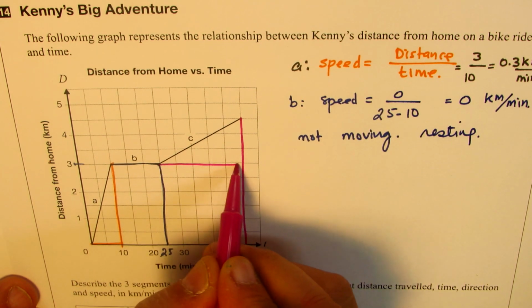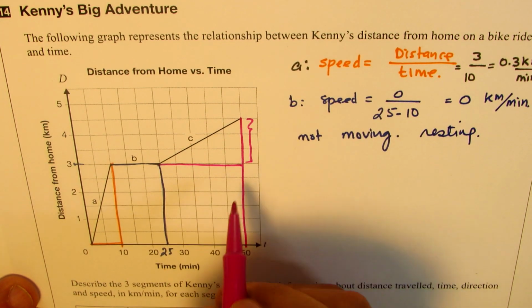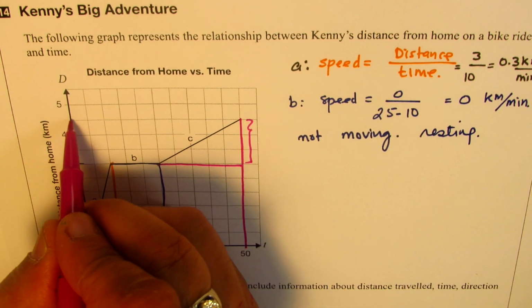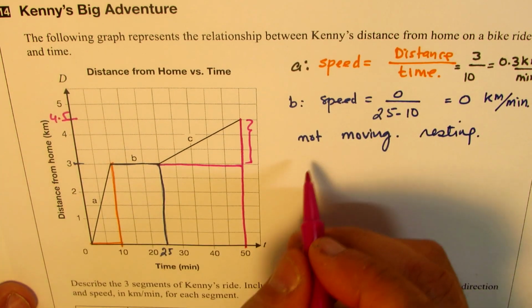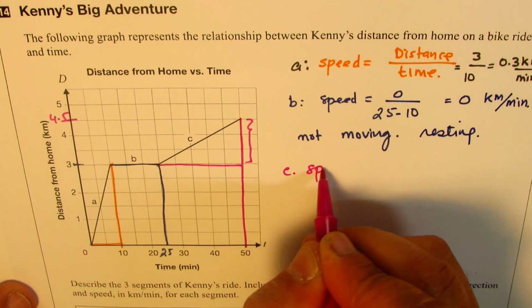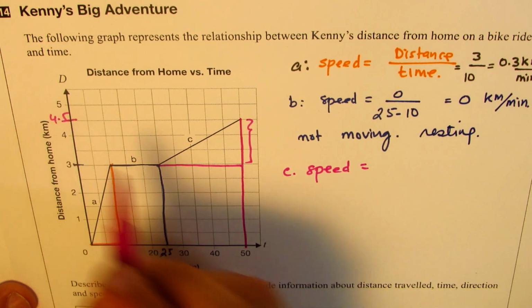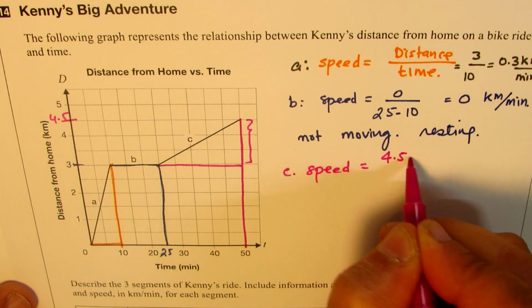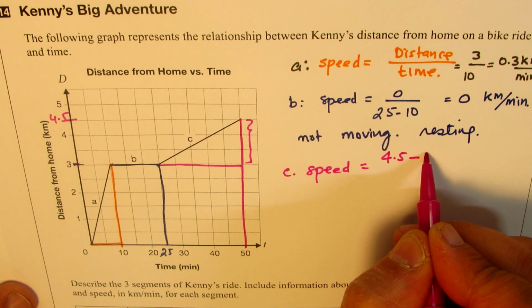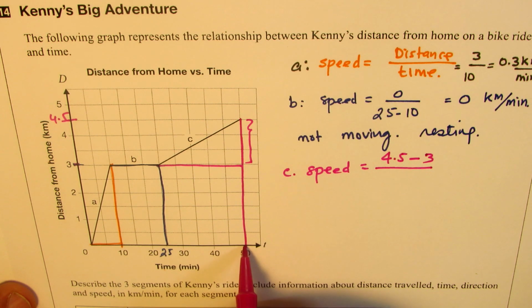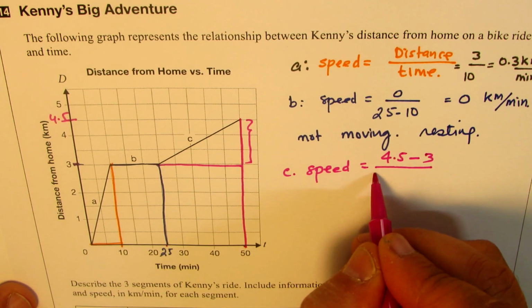Now here we can find the distance, which is 4.5 take away 3, right? So in this case, speed is equal to 4.5 take away 3, so that is the difference between the y values, right, divided by 50 take away 25.